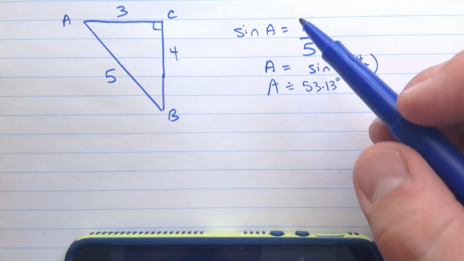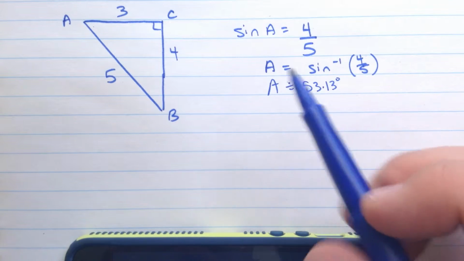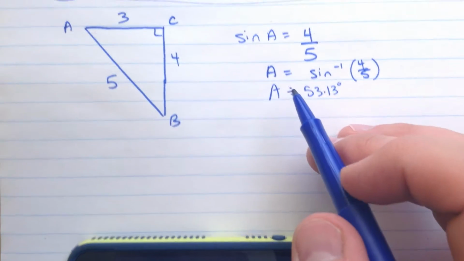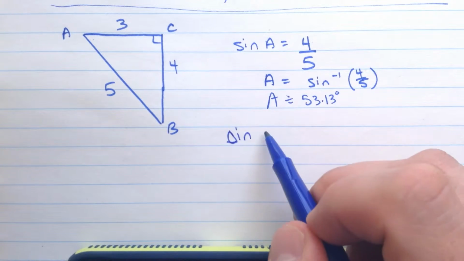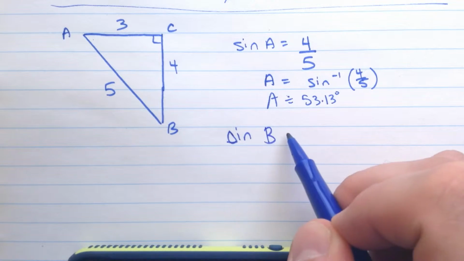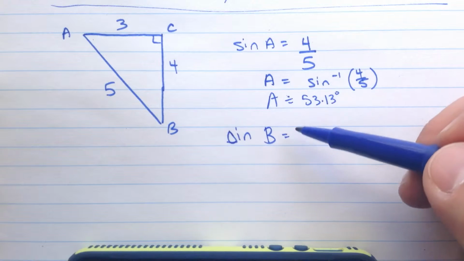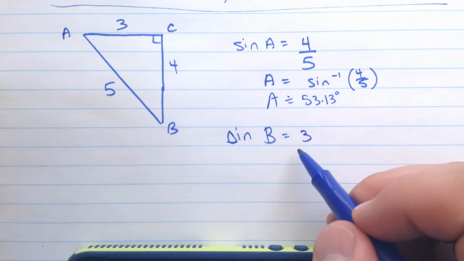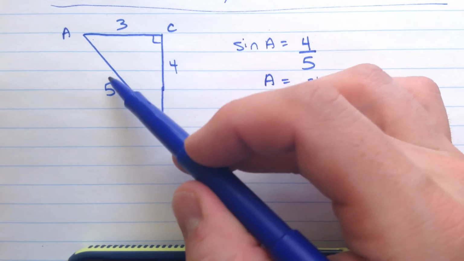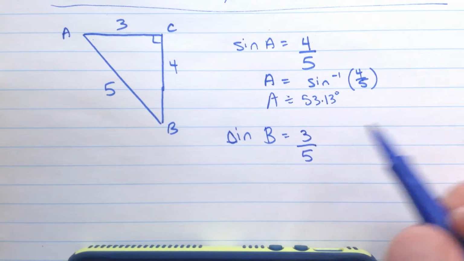Now I can do the same process for B, and then we'll do a little bit of other math to show there's an easier way. Let's do sine again. Sine of B is equal to the opposite side to B, which is 3, divided by 5, the hypotenuse.